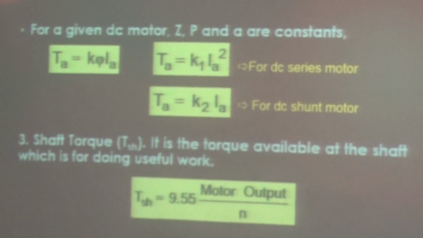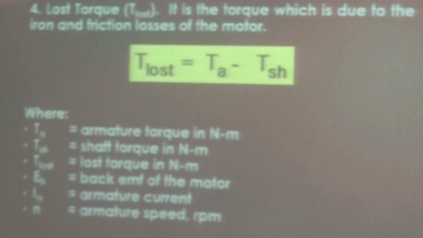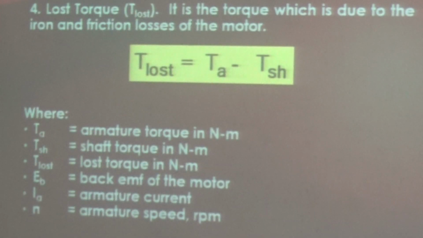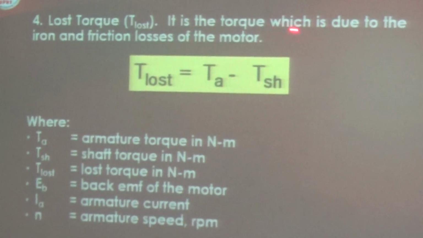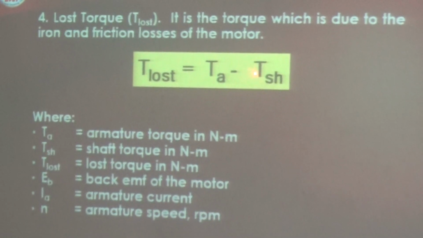Then, shaft torque. Shaft torque is the torque available at the shaft which is for doing useful work. So, the shaft torque is equals to 9.55 multiplied by motor output divided by N. The loss torque, ito yung losses natin, is the torque which is due to iron and friction losses.